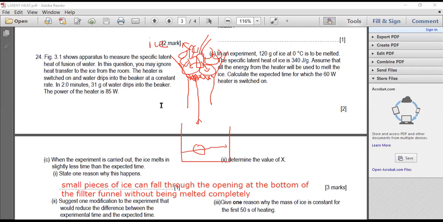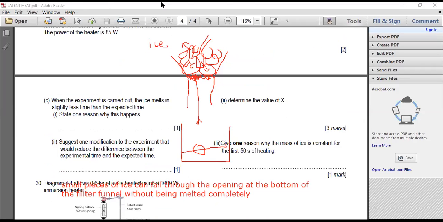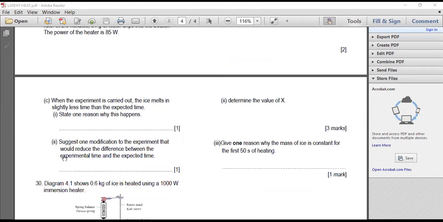Okay, so how can we reduce this effect? You can say put a wire gauze at the bottom opening of the filter funnel.